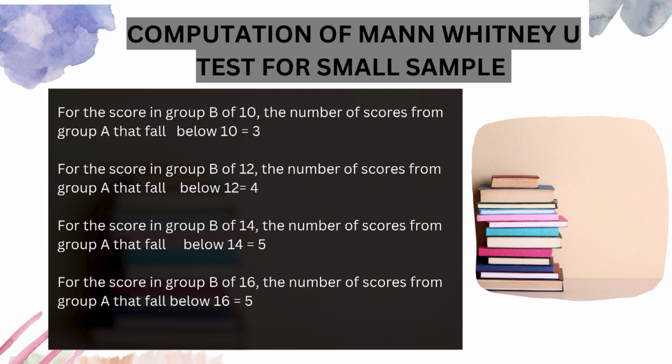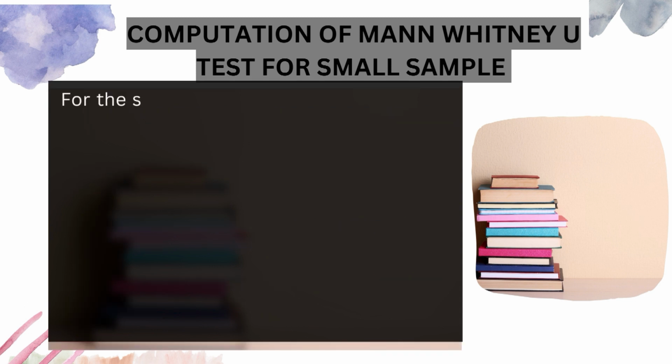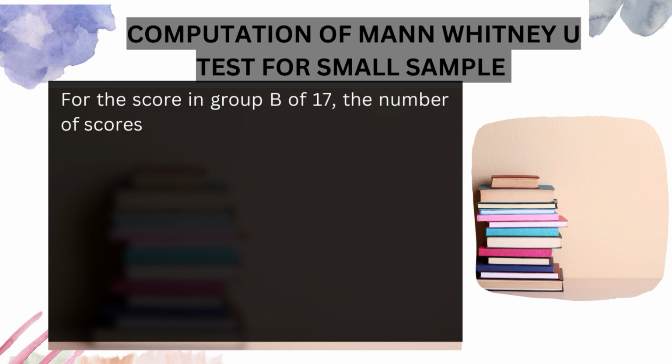below 14 is equal to 5, and for the score in group B of 16, the number of scores from group A that fall below 16 is equal to 5. For the score in group B of 17, the number of scores from A that fall below 17 is equal to 5.